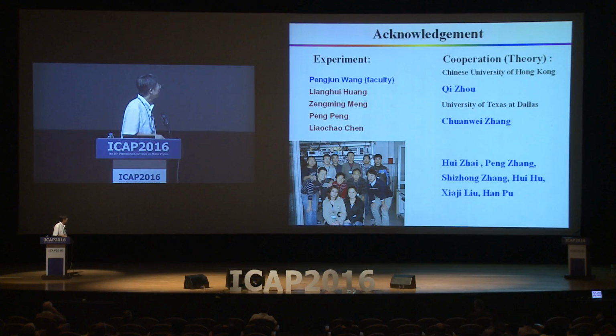At the same time, I would like to thank the happy cooperation in theory with Qizhou and Travis Zhang for this 2D spin orbit coupling. We also have cooperation in theory with Hui Zhai, Pen Zhang, Shizhong Zhang, Wu Hui, Xia Jieliu, Han Pu for the previous work. Thank you for your attention.